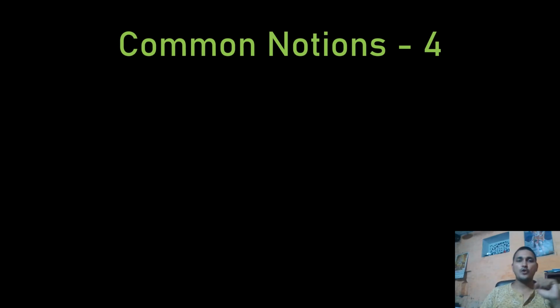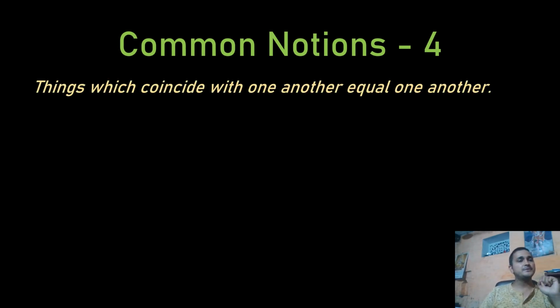Here is common notion 4. Common notion 4 says things which coincide with one another are equal to one another. This common notion requires a little bit of elaboration with examples, and interpretation in different forms, such as through geometry and through algebra.